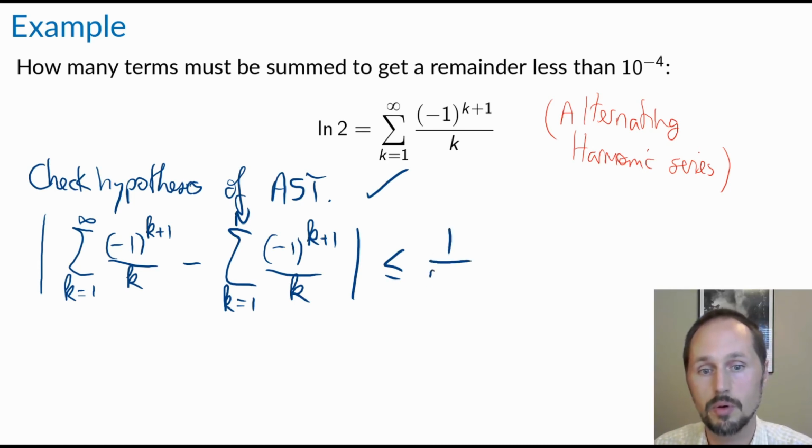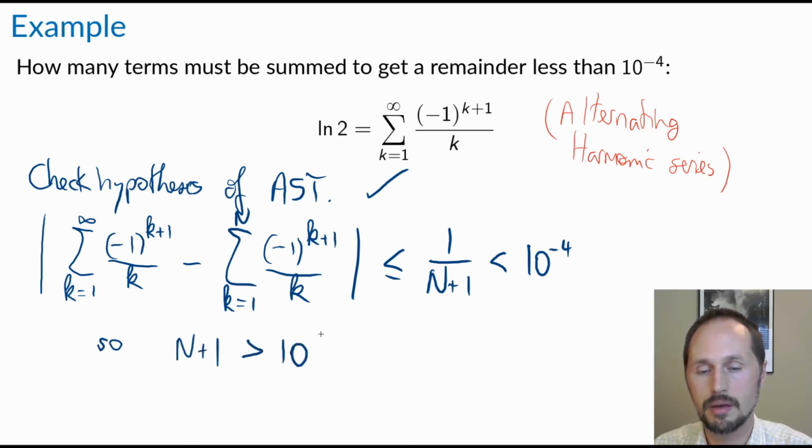That's going to be 1 over N plus 1. We want this to be less than 10 to the negative 4. We can go ahead and solve that. We want N plus 1 bigger than 10 to the 4th. I'm taking the reciprocal of that inequality, and when you take a reciprocal with positive numbers, it flips the sign.